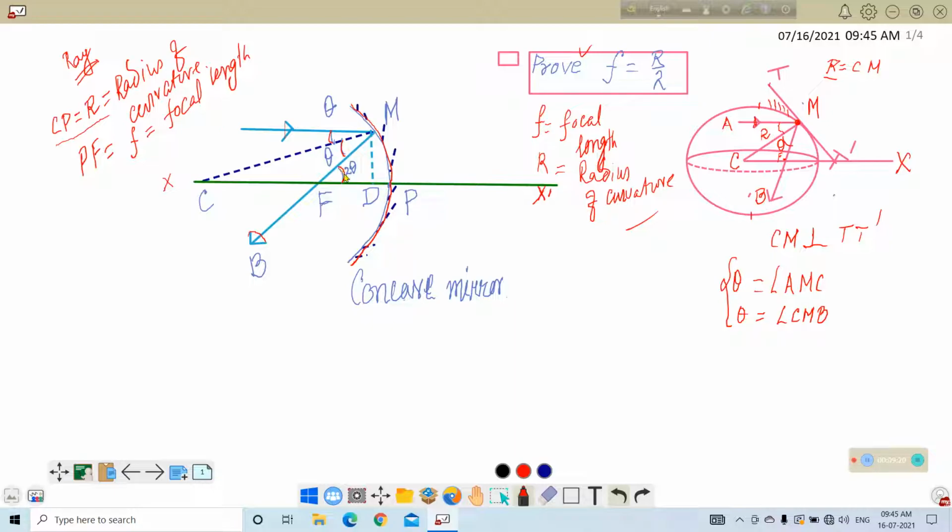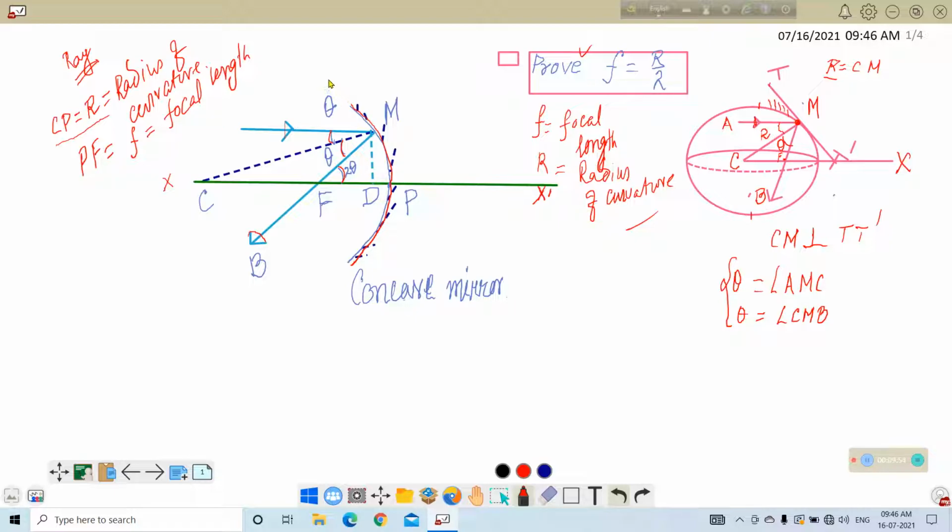Actually, this angle is equal to this angle. It's an alternate angle. So when this is theta and if this is theta, the total angle is 2 theta. So we can say MFD or MFP is equal to 2 theta. Actually, D is the foot of the perpendicular drawn from M.